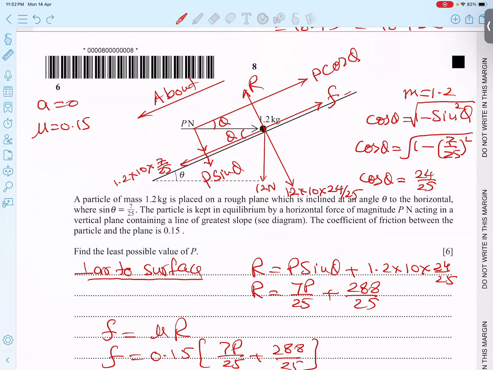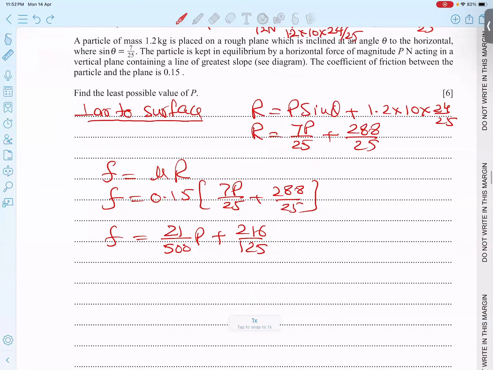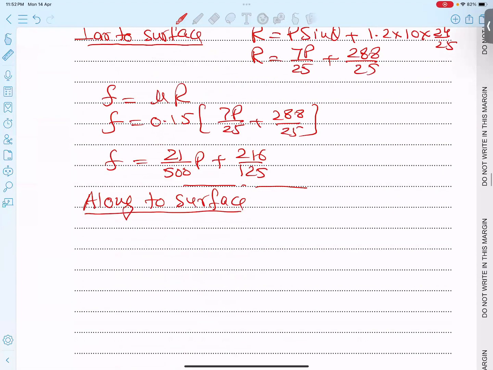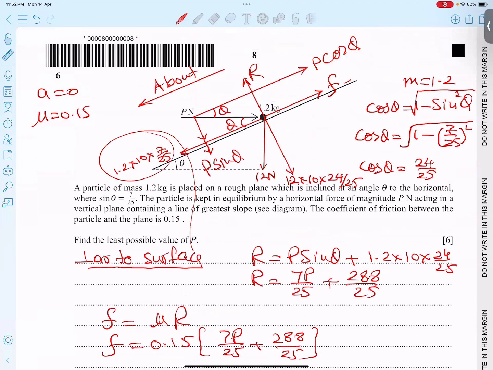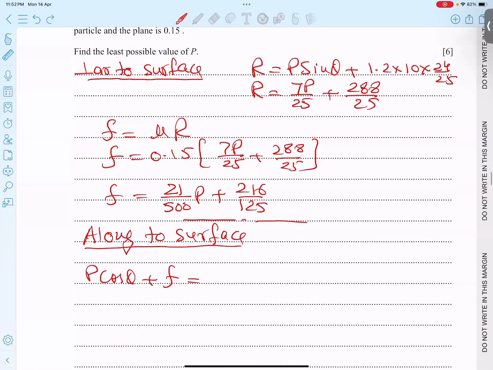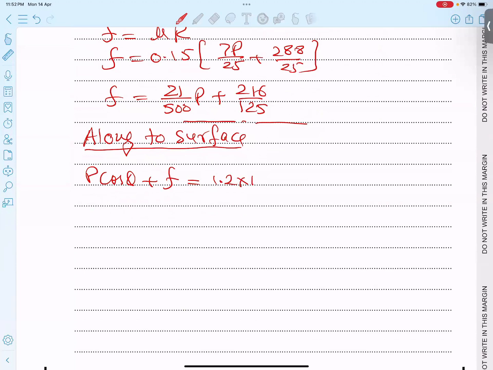So I'm writing now P cos theta plus F, along the surface. So what I was saying, P cos theta plus friction force equals this component, 1.2 times 10 into 7 over 25. So this whole value I'm bringing down here.